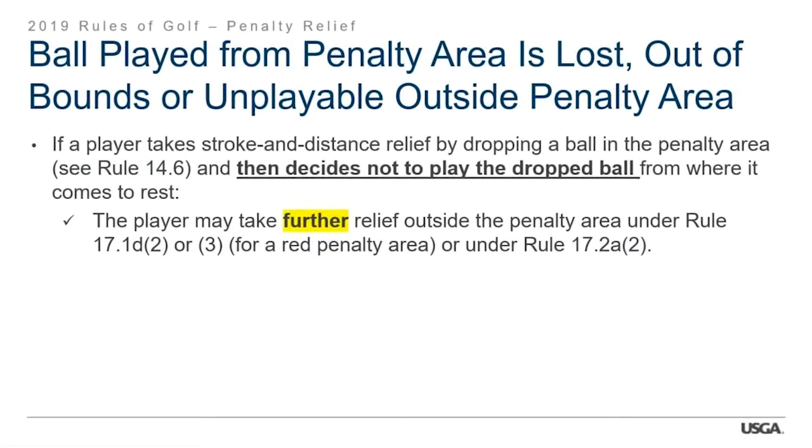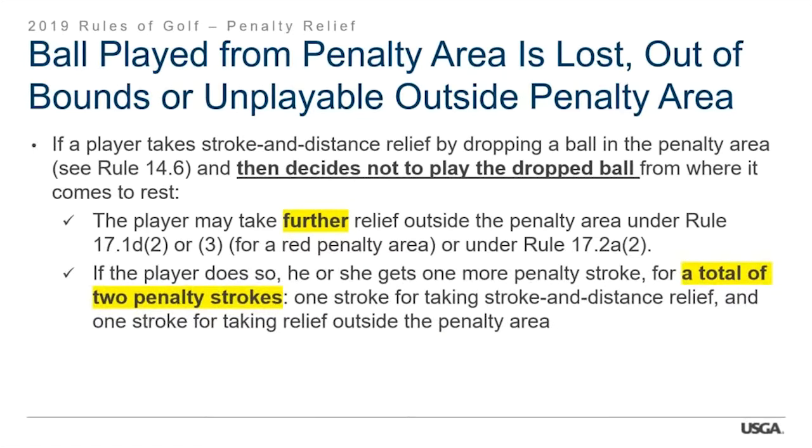So you may take further relief outside of that penalty area under rules 17.1d(2) or (3), which are the options that we've talked about, or under 17.2a, which is the rules of playing from a penalty area and staying in the penalty area. Same procedure. Try not to get confused there. But if the player does so, he will get one more penalty stroke for a total of 2 penalty strokes. So for example, you went from A to B and came back to A and dropped it.